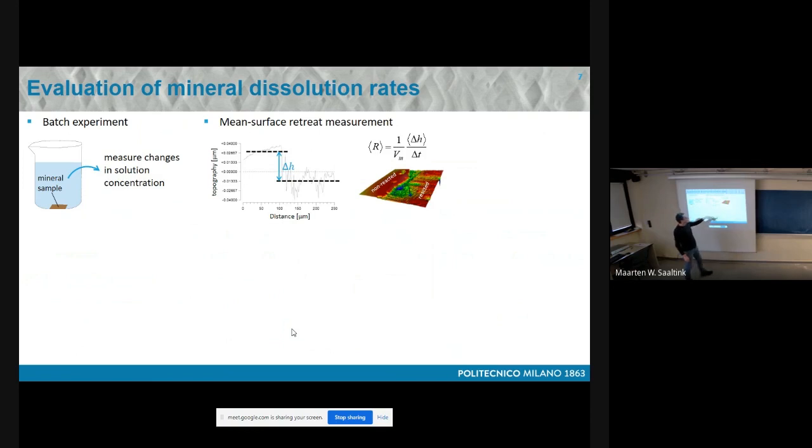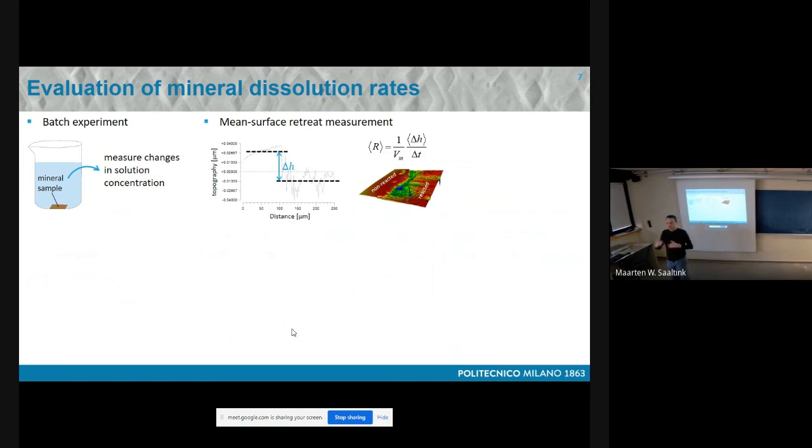Or you can take a closer look at the surface of the mineral, and you can somehow measure or come up with the distribution of reaction rates by, let me say simply for the moment, having an idea. This is simply a transect across the surface of the mineral, measuring in some way the roughness of the surface.